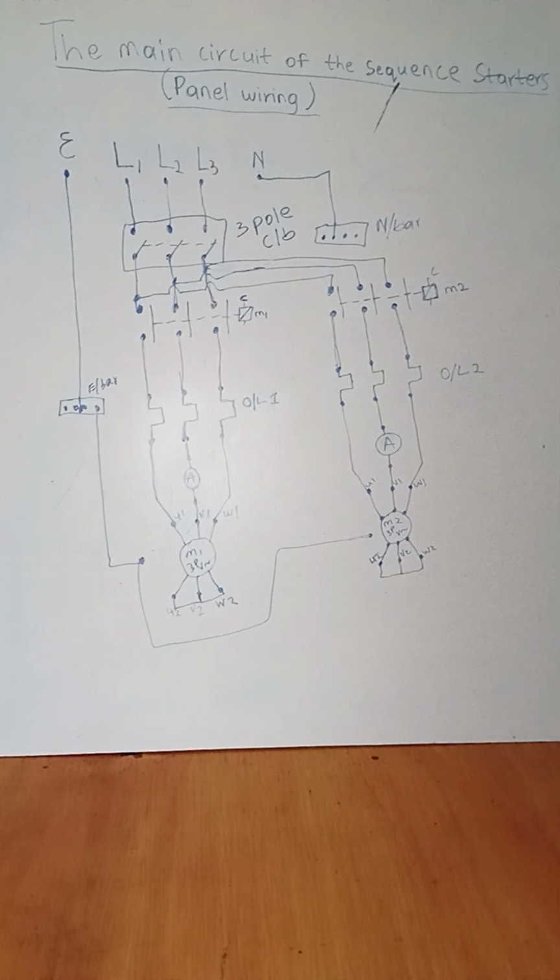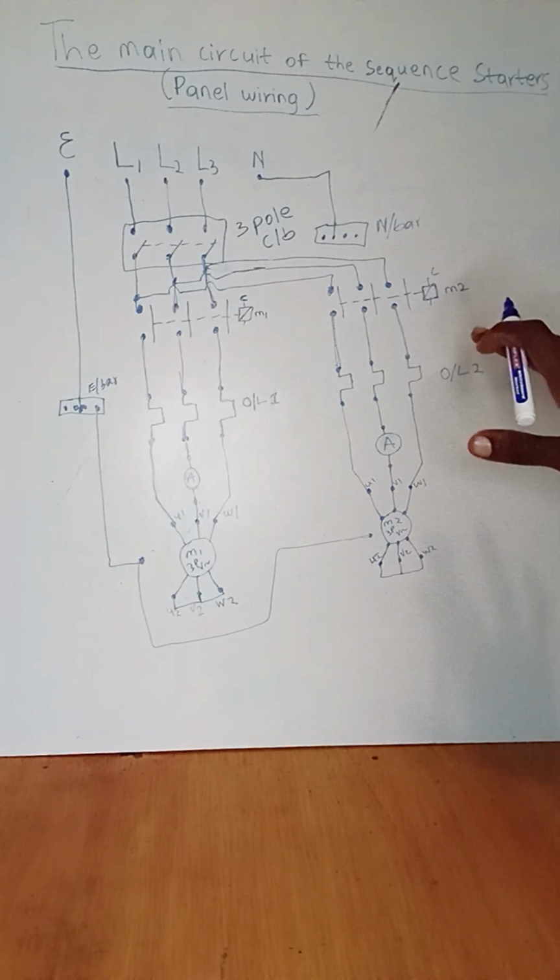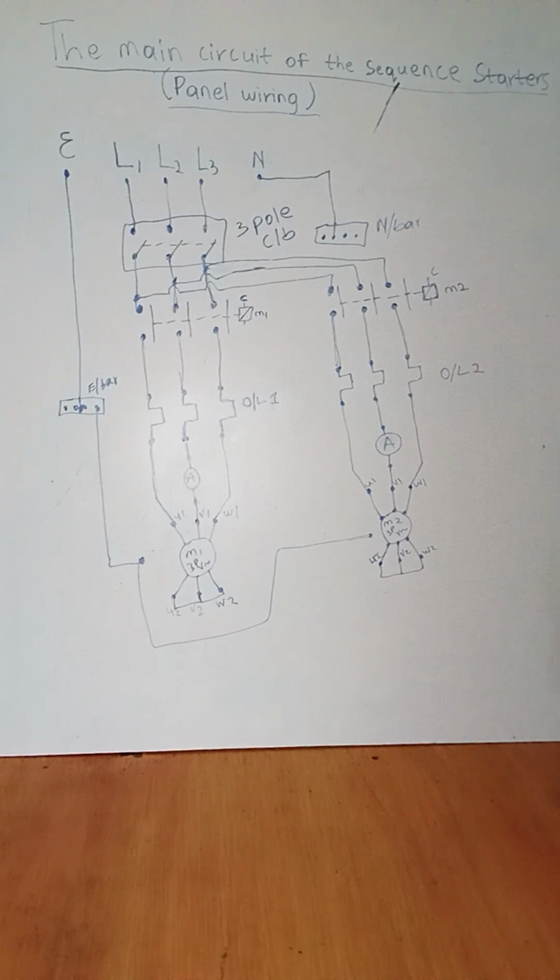So just know that from now on, all the sequence starters in the control circuits will be depending on this main circuit. So this main circuit will be used in all the control circuits in the sequence starters.